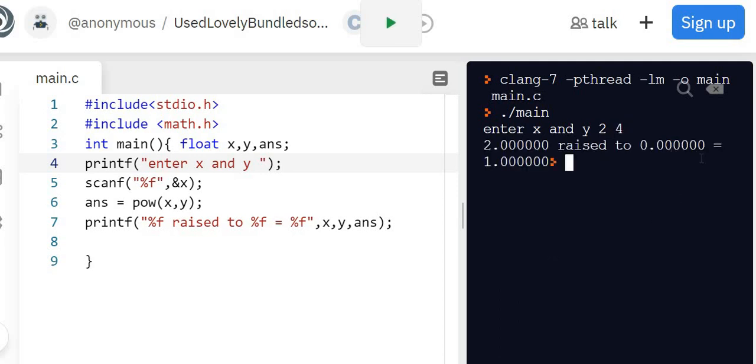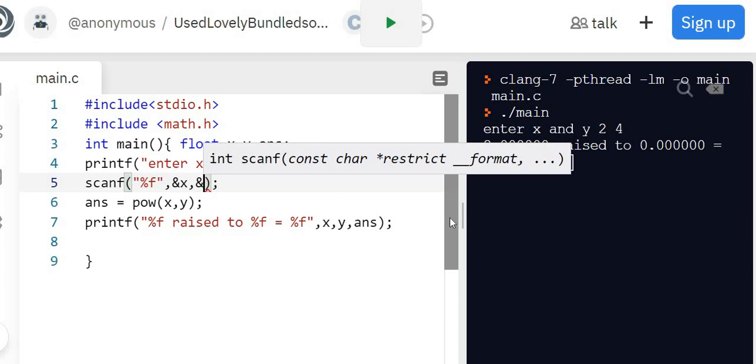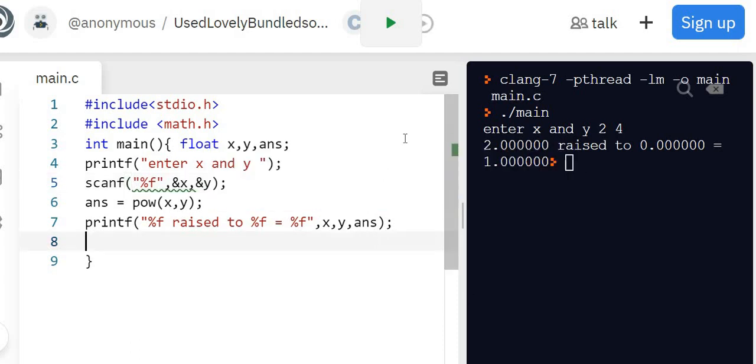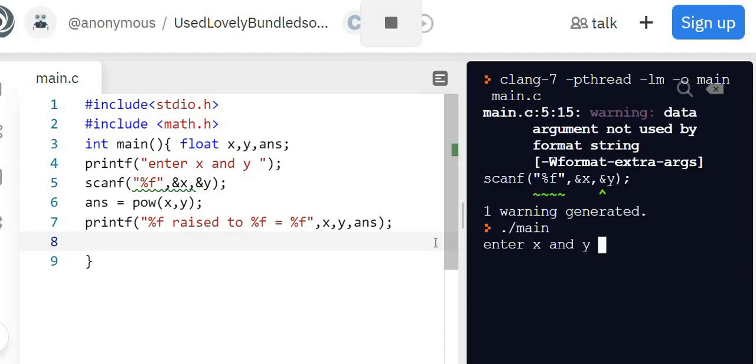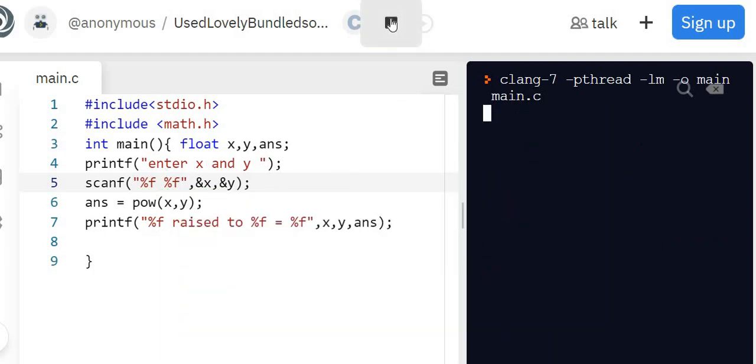Scanf, comma, and y. Enter x and y, percent f. Here also the wrong program it has taken. That's why this is happening. Okay, let's do it again.